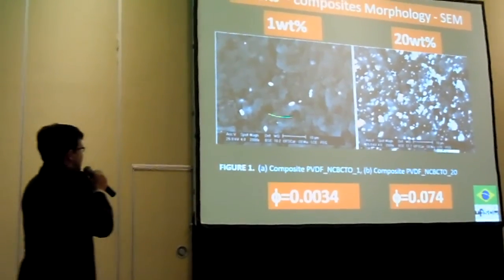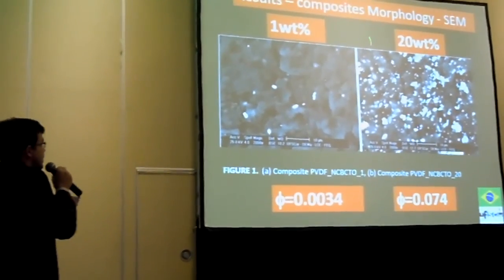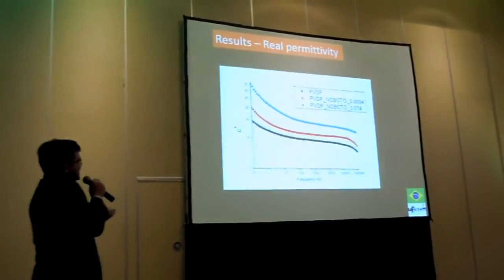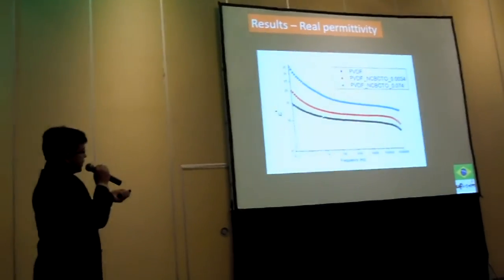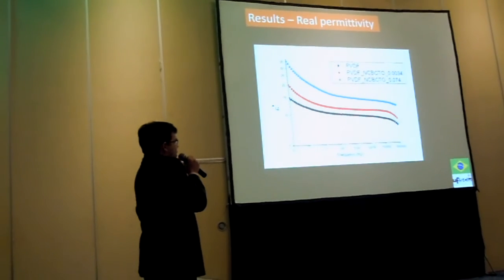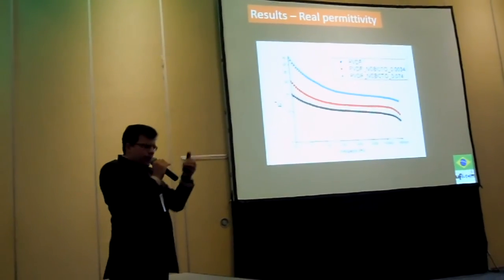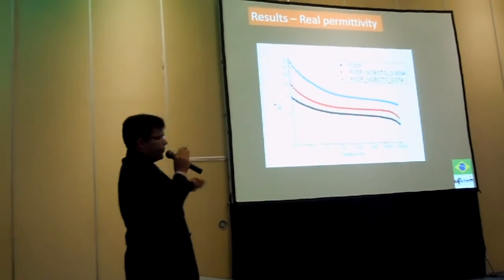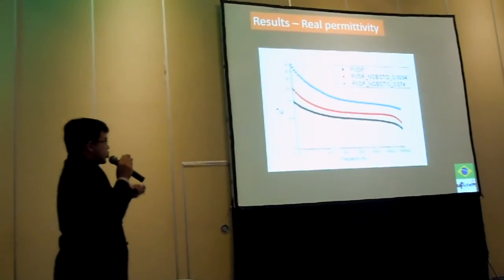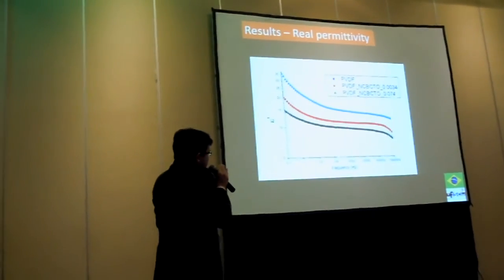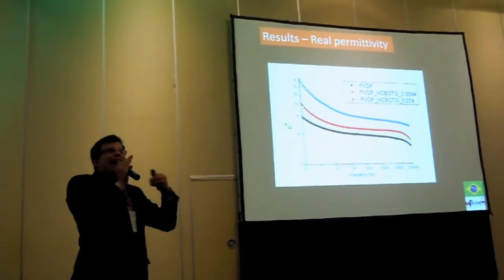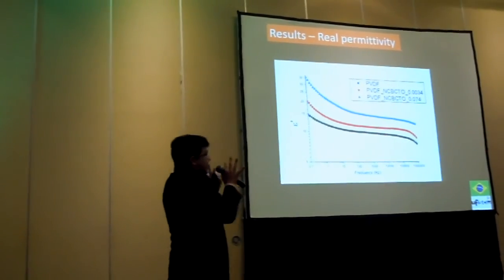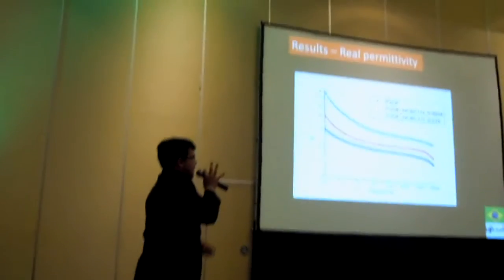This is the mass fraction percentage that we used, and it gives us these values of real permittivity. We can say that it was an improvement. The value increased with volumetric fraction increase. So it's a good preliminary result, but still not the value for a supercapacitor. But it shows that it is going to change something.